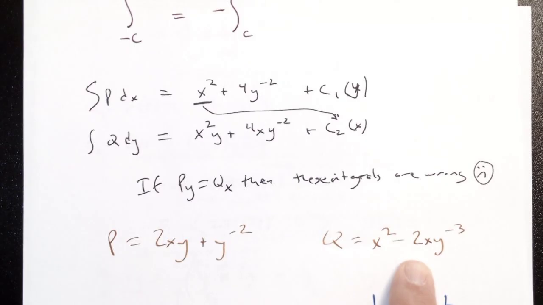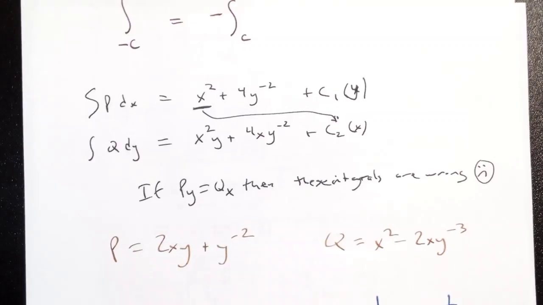Over 2. Oh, so the 2 cancels. And I get... these are arithmetic errors, no?